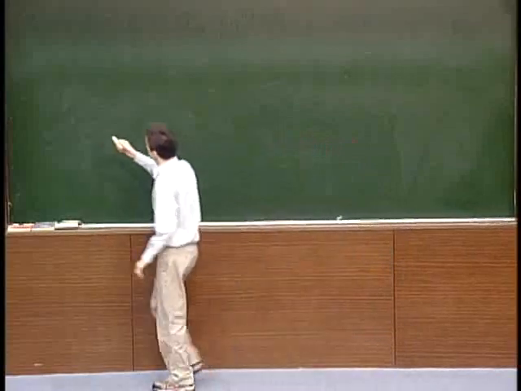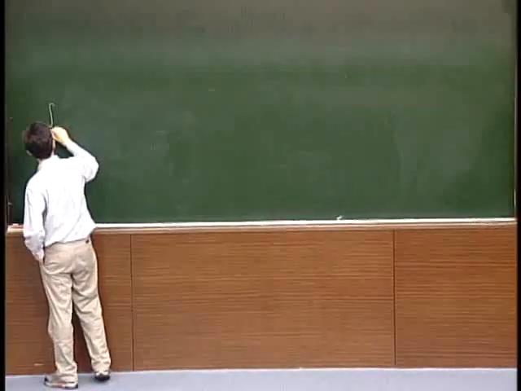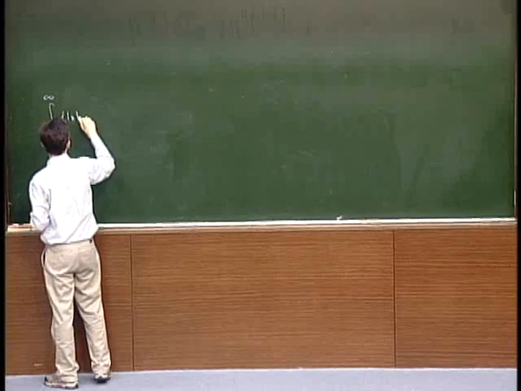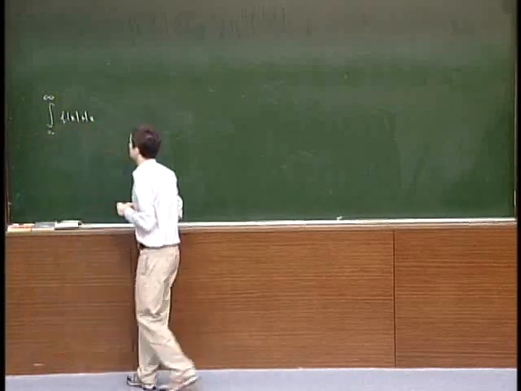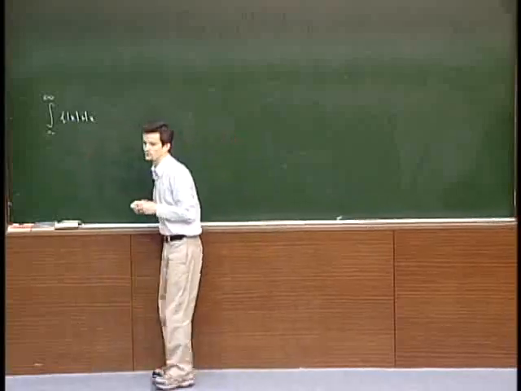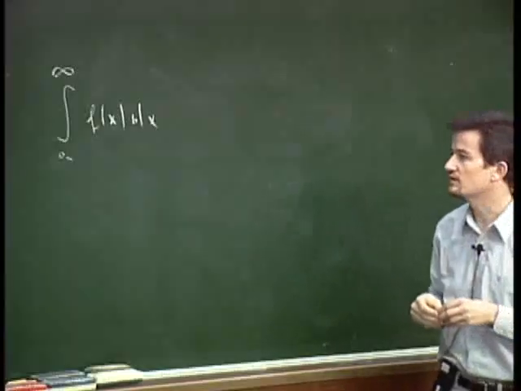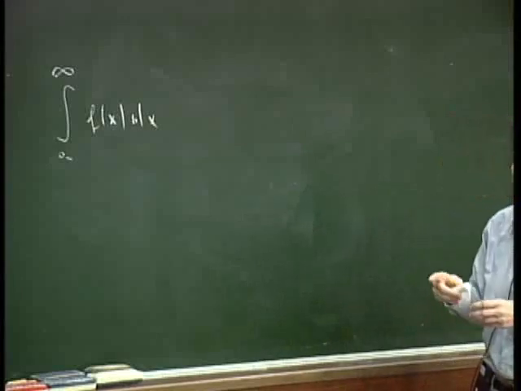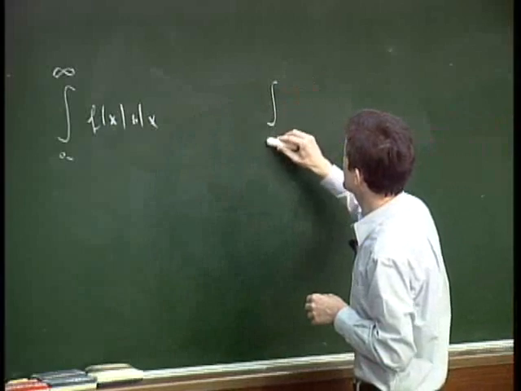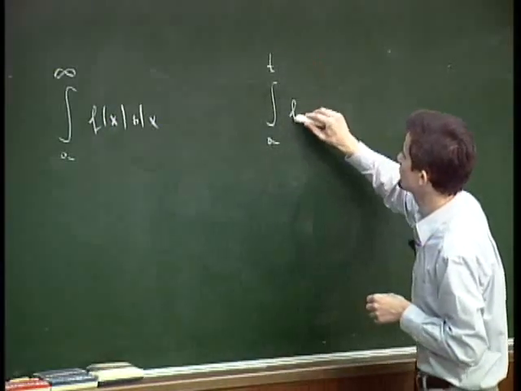And just to remind you, the definition of this symbol is: you have a function f which is assumed to be continuous on the half open interval from a to infinity. So you can compute all of those integrals if you go from a to t.